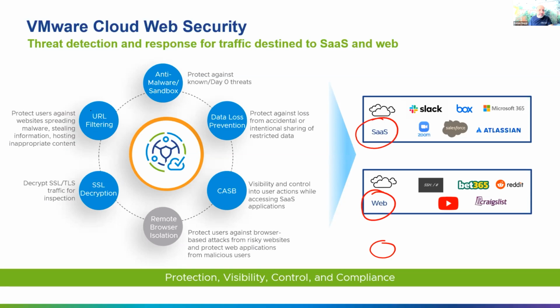Some of the capabilities are URL filtering, SSL inspection, where it can do the encryption and decryption of the traffic, remote browser isolation, CASB, Cloud Access Security Broker, which provides much more visibility into your user traffic, data loss prevention, a perfect use case for compliance, anti-malware, sandboxing, and there are many more. These are some of the capabilities provided from the security stack to protect your infrastructure, and to provide the visibility to the IT ops team, to have that control and compliance end to end.